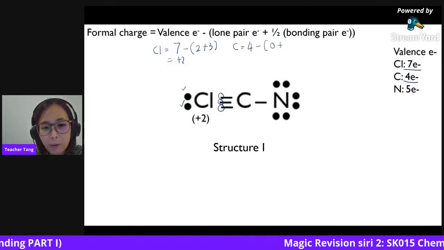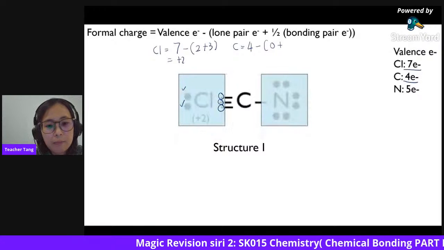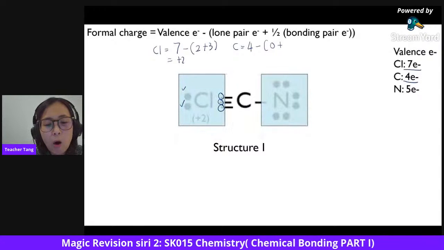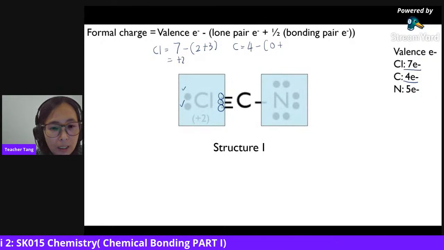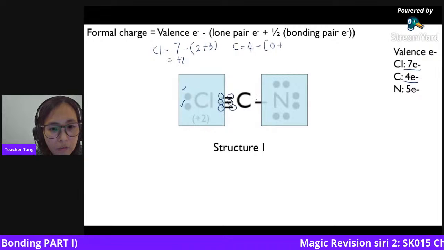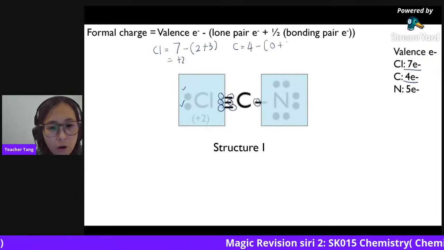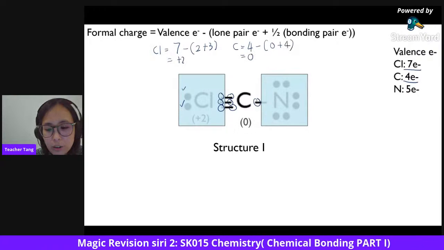For the bonding pairs, you just cover them so they become half, and then only count the electrons that belong to carbon. How many electrons belong to carbon? 1, 2, 3, 4. So 4, giving a formal charge of carbon equal to 0.